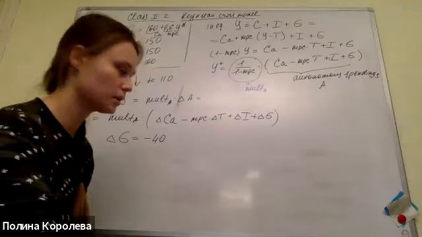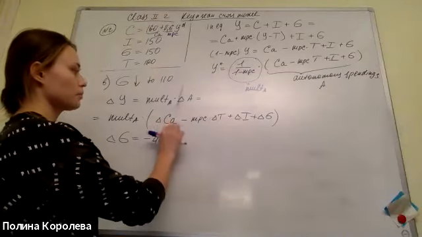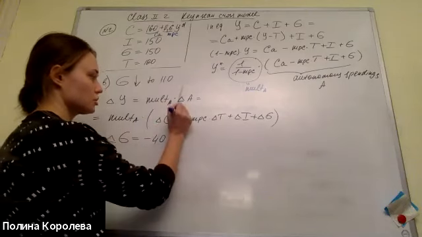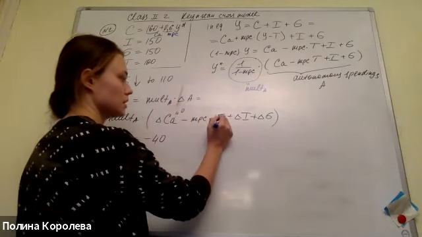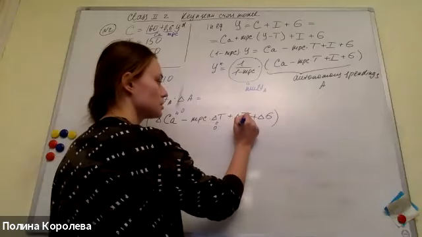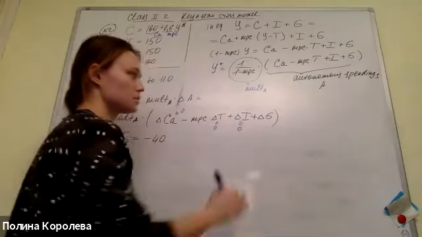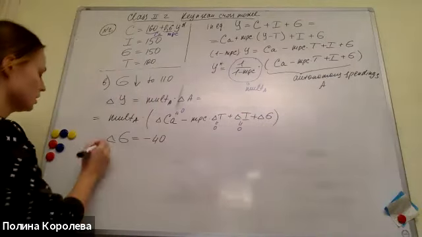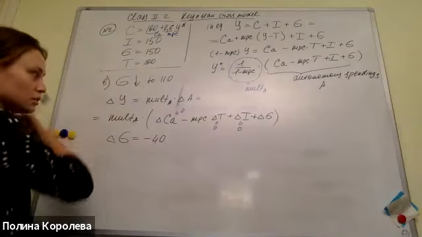Okay, and everything else does not change. In our task we have autonomous consumption constant, so the change in autonomous consumption is equal to 0. Taxes constant, change in taxes equal to 0. Investments constant, change in investments equal to 0. So we have only change in government spending, and we will use it to find the change in GDP.